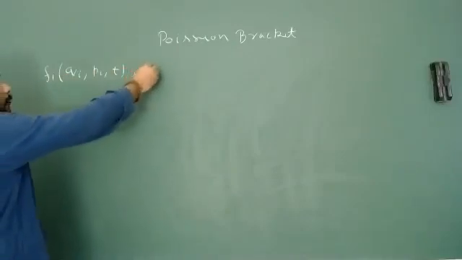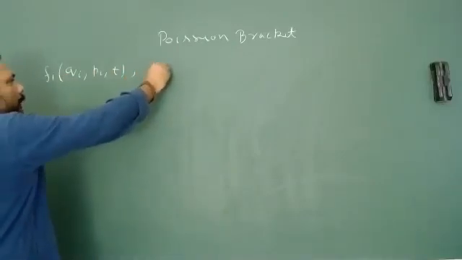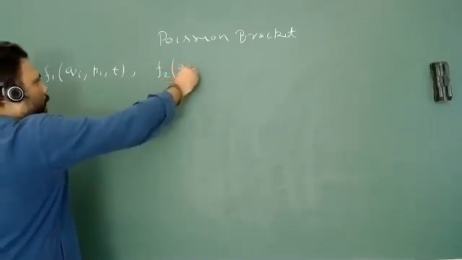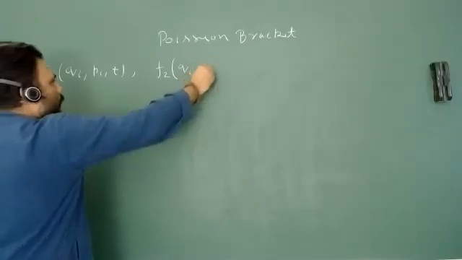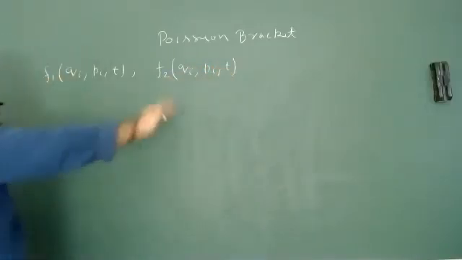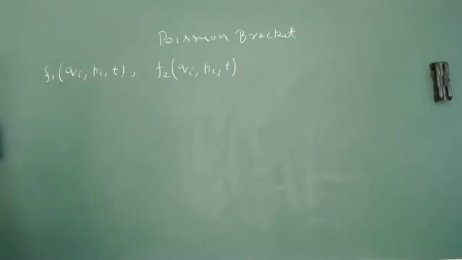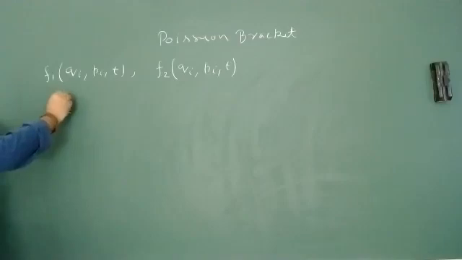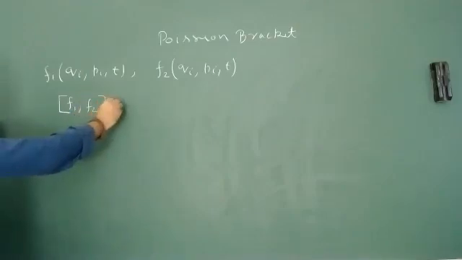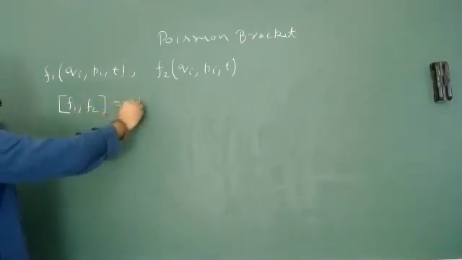And we have another function, let's say f2, which will also be a function of generalized coordinate, generalized momentum, and time. The symbol written as f1, f2 is identified as the Poisson bracket.